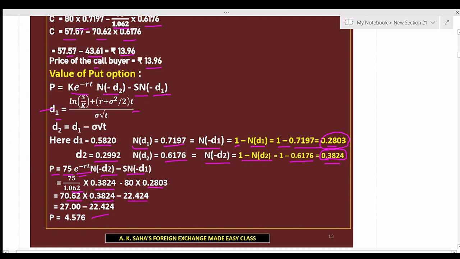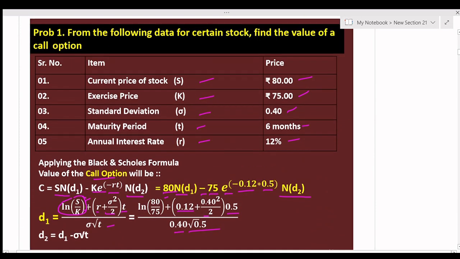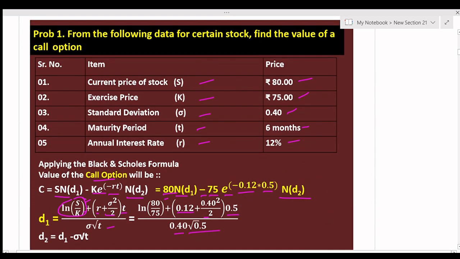That is equal to P equal to 4.576, and C is equal to 13.96, because C is higher, because the call option is in the money situation. That is, the strike price 75 is lower than the spot price, so the position is ITM, in the money. But for the put option, it is OTM.